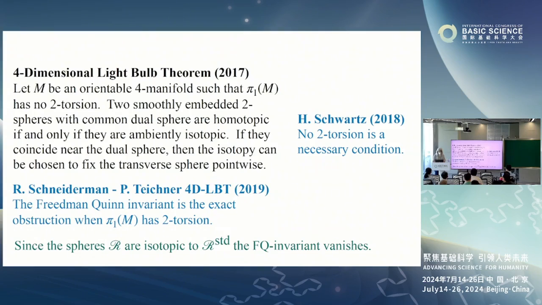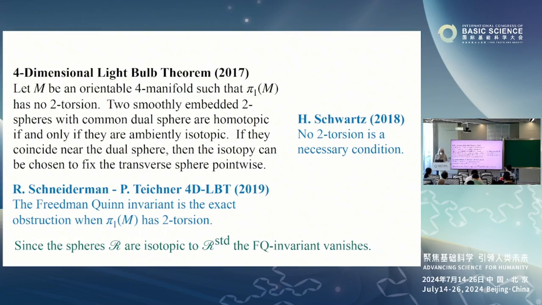But the funny thing here is we know the systems of spheres are isotopic. I mean, they came about by the isotopy just crashing through the green spheres. But the fact that they're isotopic means that the Friedman-Quinn invariant vanishes.